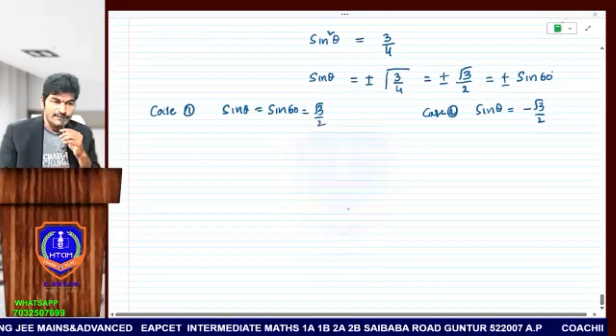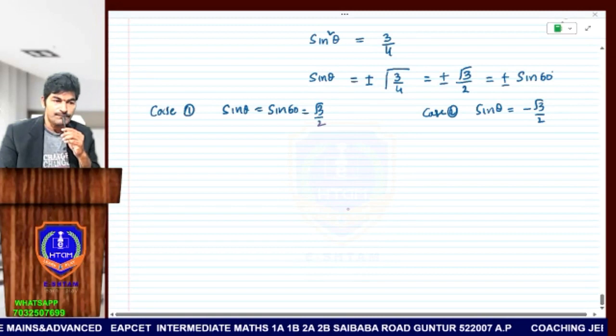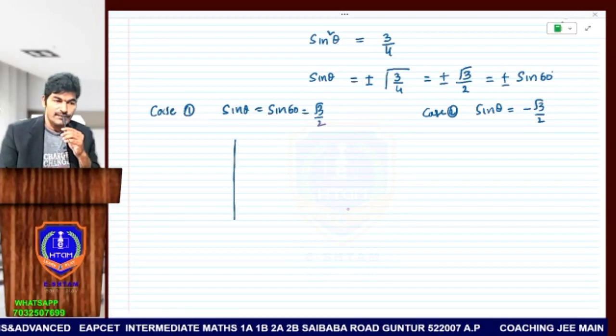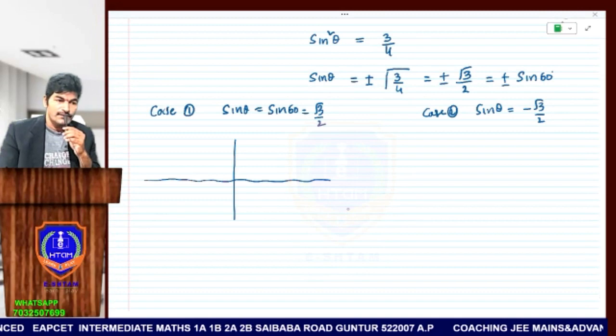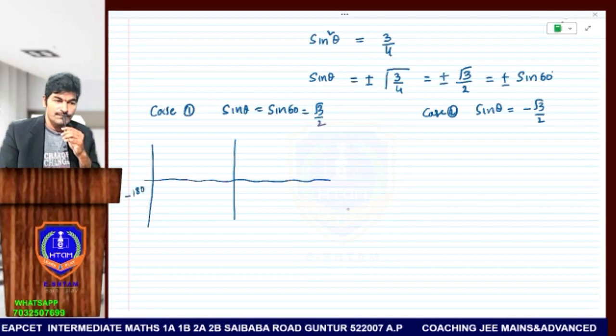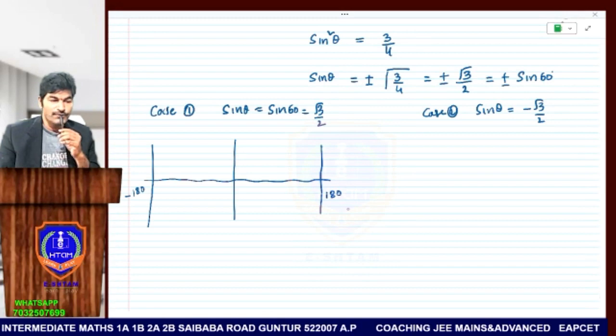For this case, draw the graph line between minus 180 to plus 180. So this is minus 180. And this end is plus 180, because you have to discover the angles between these two ranges.